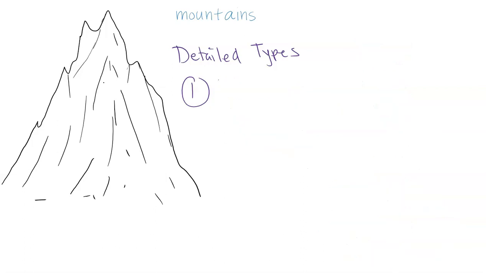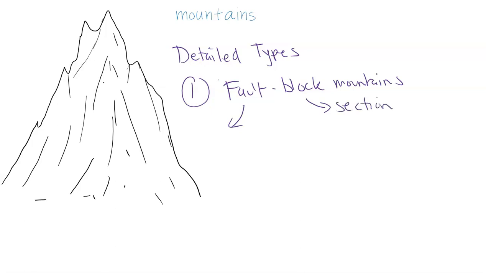Okay. Next one is called fault block mountains. In terms of deformation, stress and strain, because when you talk about fault blocks, they are sections of rock that have moved as one to form the high elevation terrain, which we know as mountains.